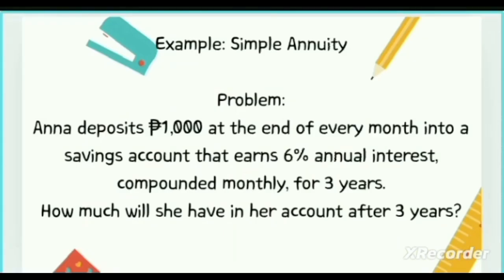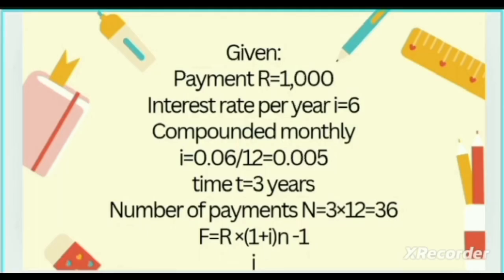In my example, Anna deposits 1,000 pesos every month in a bank that gives 6% annual interest, compounded monthly for 3 years. How much will she have in her account after 3 years?